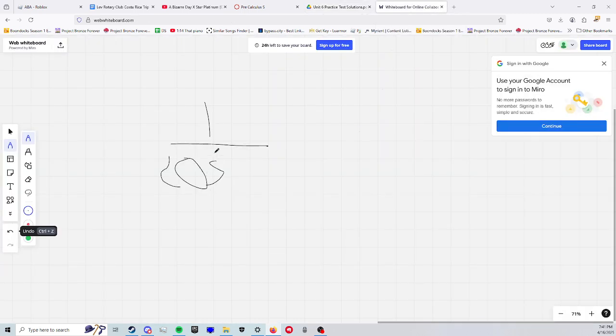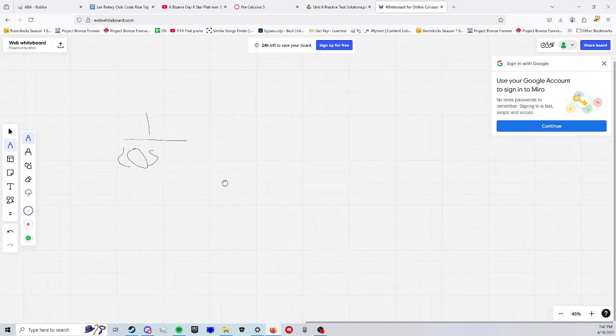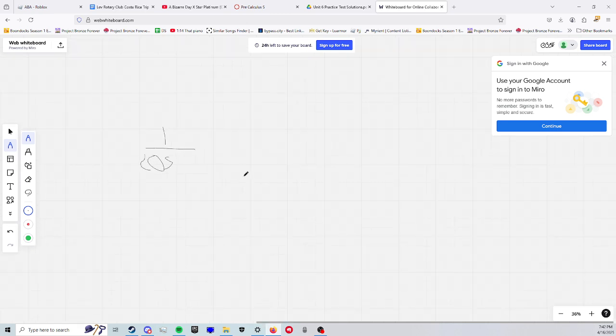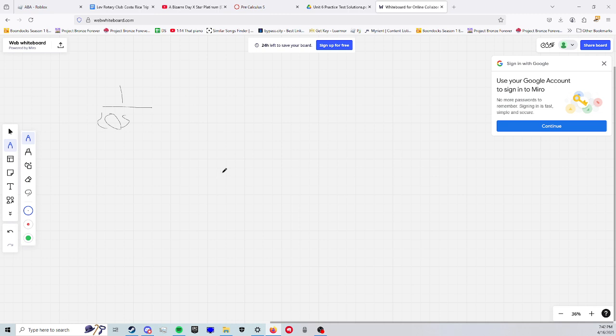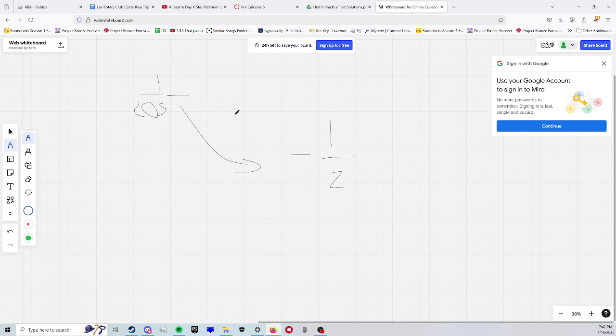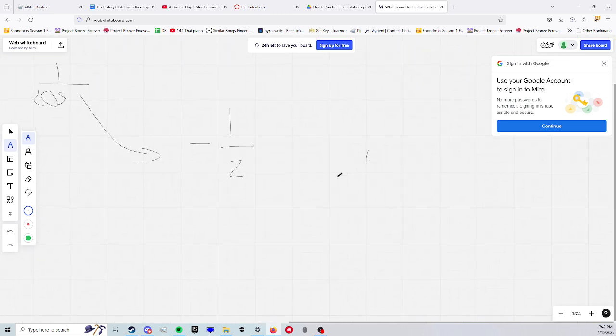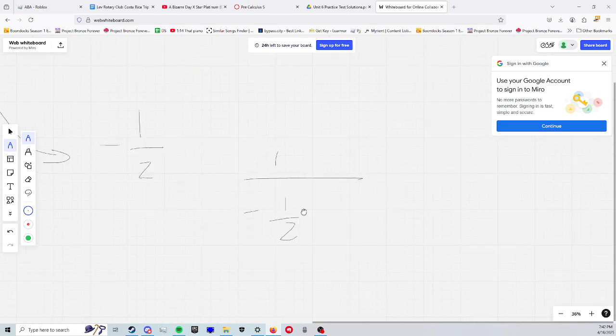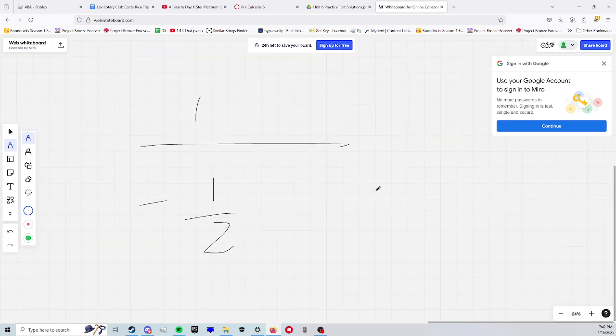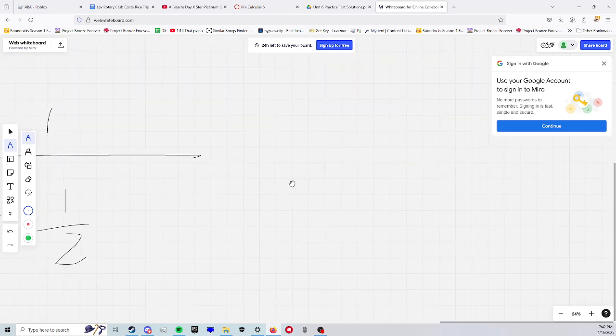Find 4 pi over 3 on your unit circle, and then look for the x value. The cosine value is negative 1/2, but because secant is 1 over cosine, it now becomes 1 over negative 1/2, which, like the previous one, becomes minus 2.